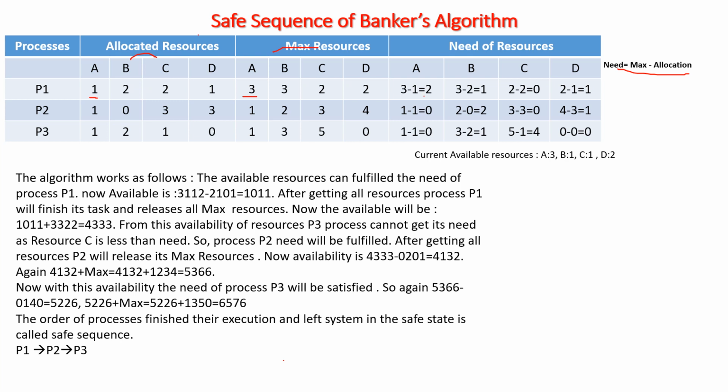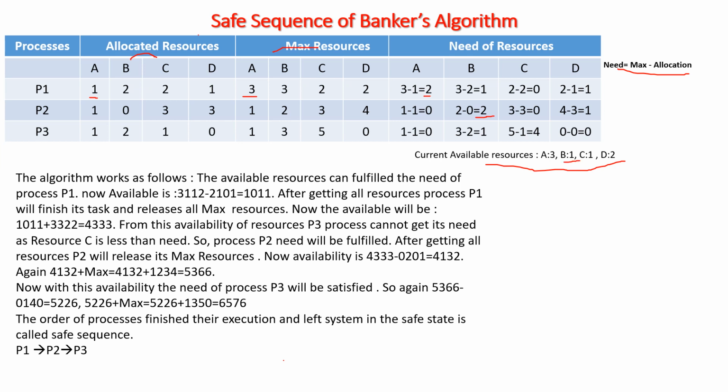In this way, we will calculate for resources B, C, and D for all the processes P1, P2, and P3. After calculating the need, we will see the current available resources. It will also be given. So the current available resource is 3112, but the requirement of process P2 for resource B is 2, but the available is 1.